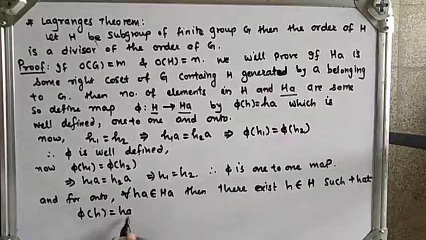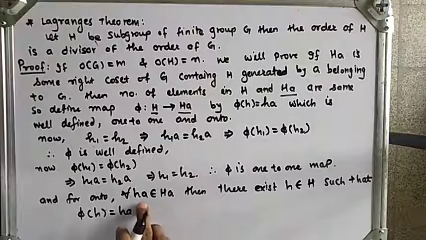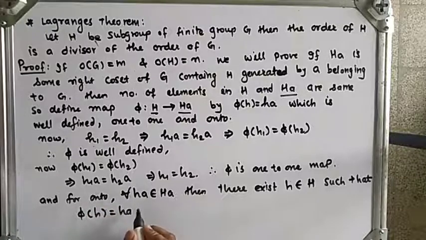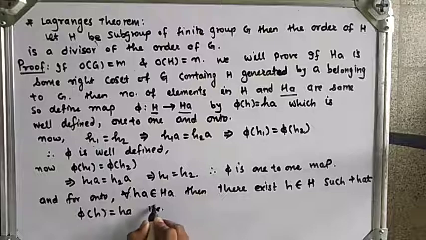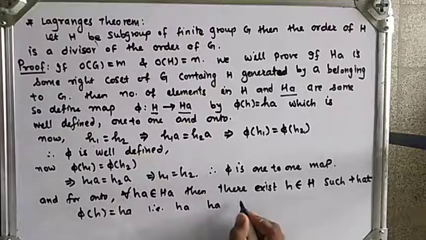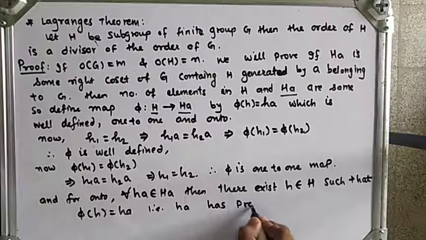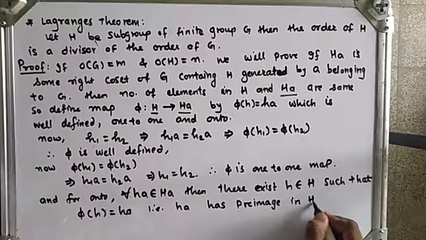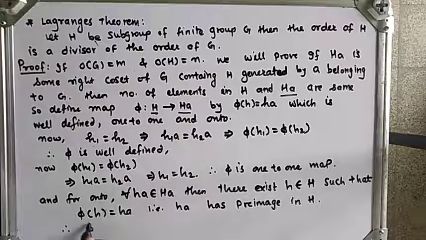Here phi of H equal to HA means that for every value in the codomain there exists a value in the domain, that is, every element in the codomain HA has a pre-image in H, therefore phi is onto.